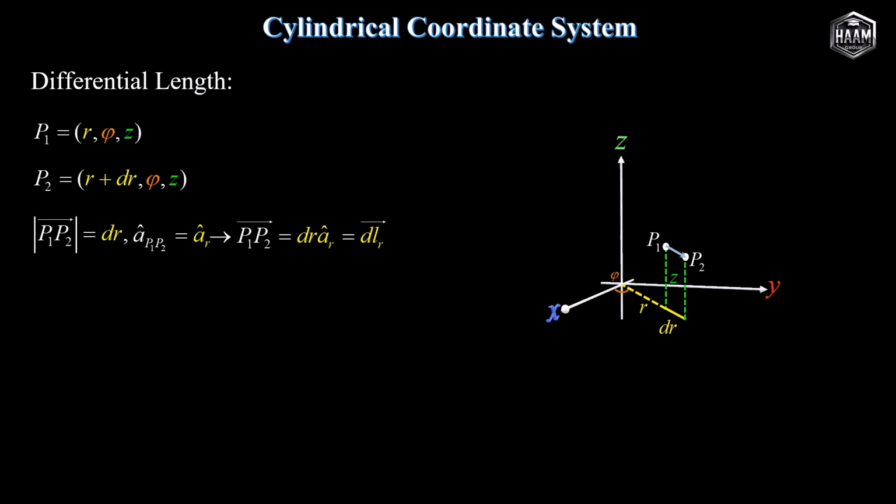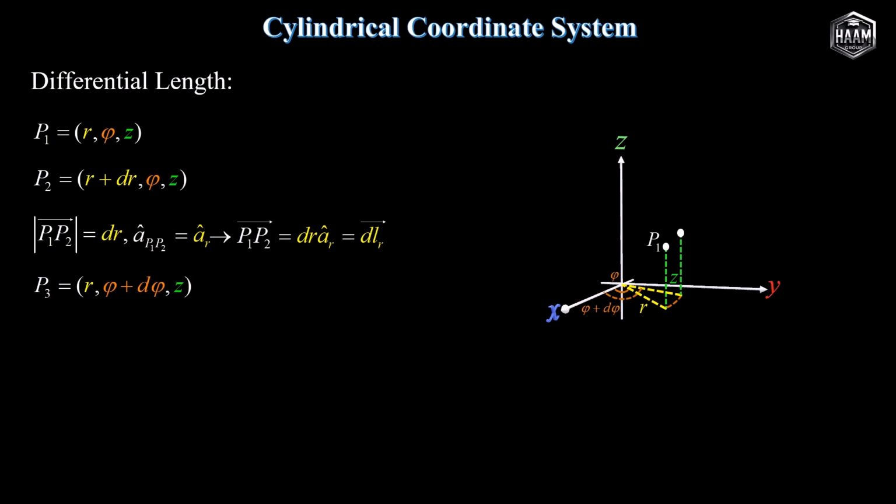Now, let's turn to phi. Suppose we increase the phi coordinate of point P1 by an amount d phi, giving point P3. So r remains the same and we increase phi by d phi. That is, we go from phi to phi plus d phi. Z also stays the same.